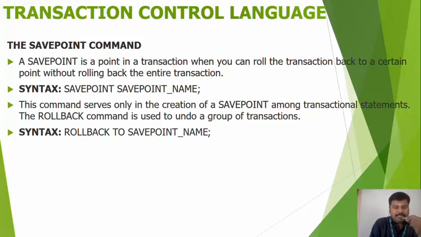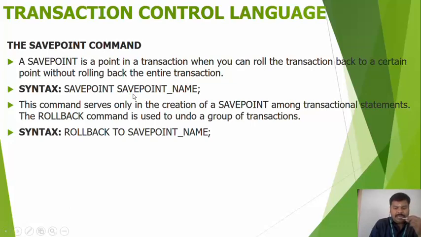You can put a marker at a save point and roll back to it. From there, if you want to do some corrections, you can do them again. The syntax is savepoint name, and rollback to that savepoint name.